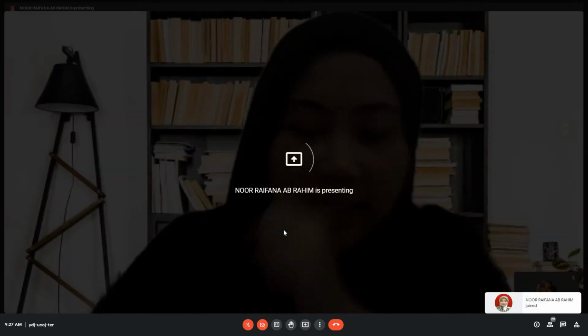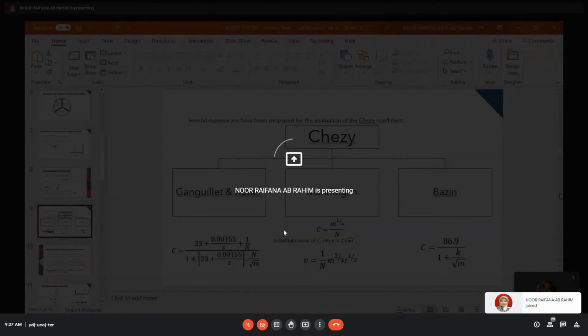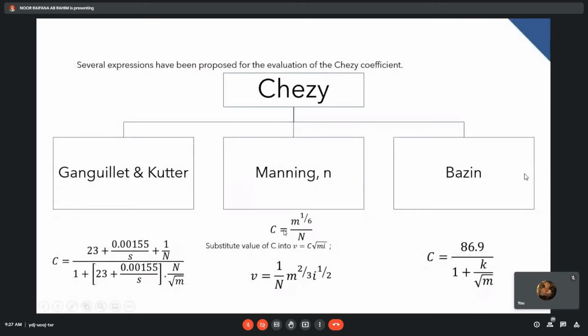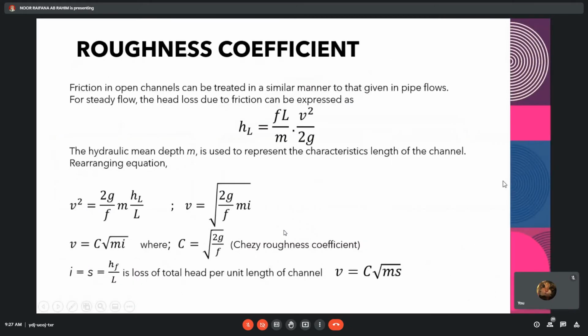Oh tu tadi kita tekan stop sharing sebenarnya. Okay, ni dah share sini. Okay. Yang ni dah kan? Sampai sini slide tu tak ada tadi.